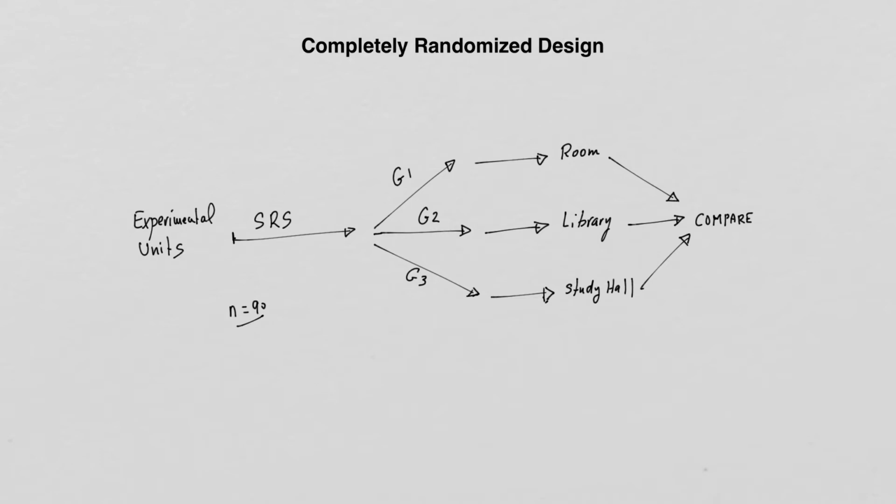Make sure this 90 reflects the population of interest, which means all 1,000 students, okay? So make sure you do some sort of a simple random sample or a stratified random sample or something of that sort, to make sure that the 90 that you picked reflects the population of interest, the student body of 1,000 students. That's the first thing you need to do.